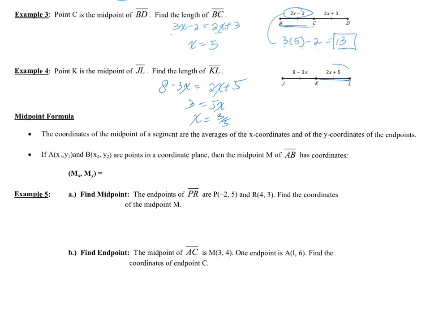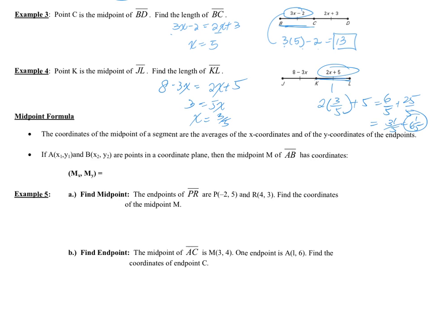Now I need to take 2x plus 5, sub x in, and this will be 31 over 5, which is 6 1/5.